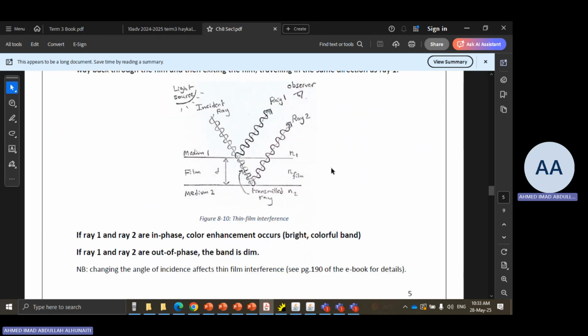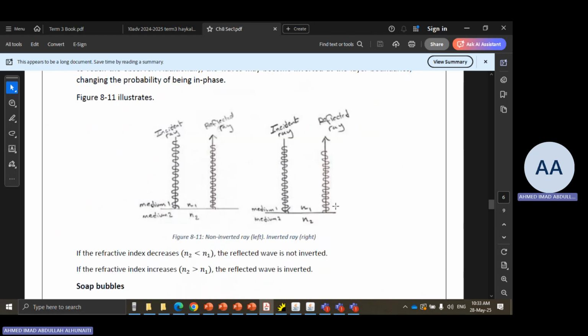Now, what does inversion mean? Let's take a look at this figure here. This is one of my freehand sketches. We have an incident ray moving downwards, and it meets a boundary between two mediums, and it will be reflected. In both the cases I drew, right and left, they are both reflected.